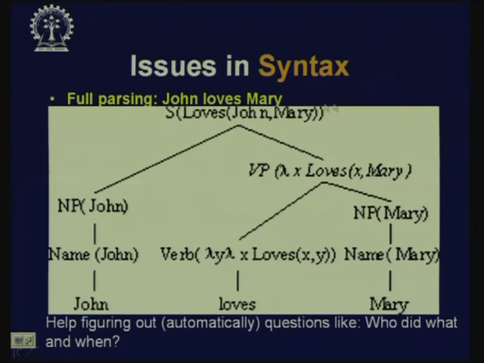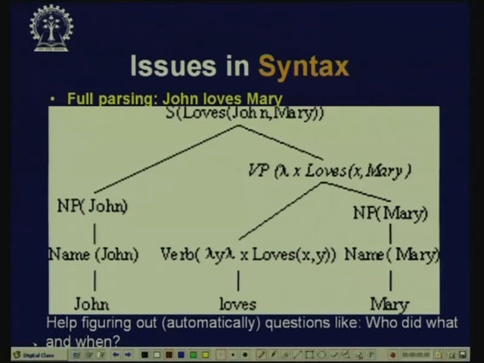Now, this picture may not be very clear to you, but I will be working it out. Here is an example of parsing a sentence, say John loves Mary. Since this picture is not clear, I will work out the sentence with which we start: John loves Mary.